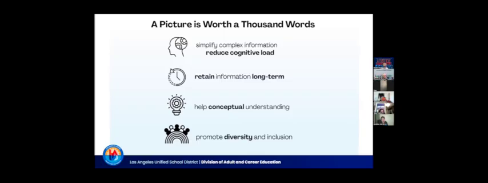It also helps conceptual understanding when you're trying to teach a concept. Use pictures. It makes it easier to remember. Then, to promote diversity and inclusion, pictures are the big way. Like you show a picture of a diverse class or students from different cultures. You can do that through visuals, and with Canva, it's very easy.